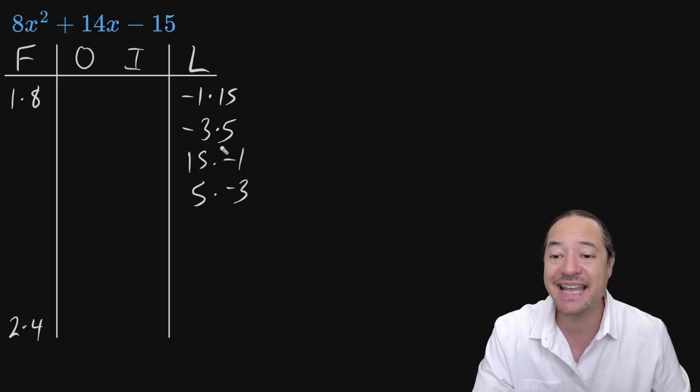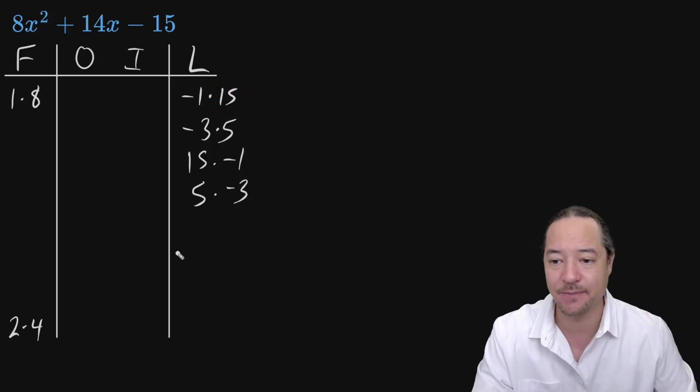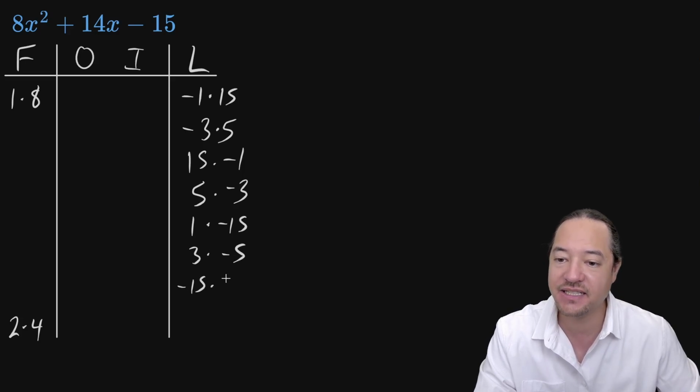And then because this is negative, we don't know if it should be on the negative 1 or on the 15. So we have to duplicate all of these again, but negate them. And so what we could have then is a 1 times a negative 15, a 3 times a negative 5, a negative 15 times a 1, and a negative 5 times a 3.